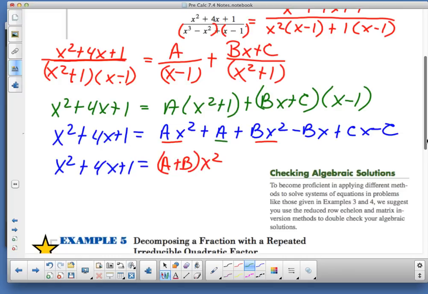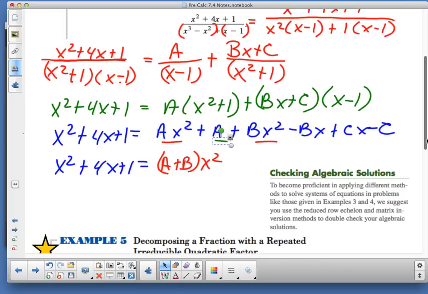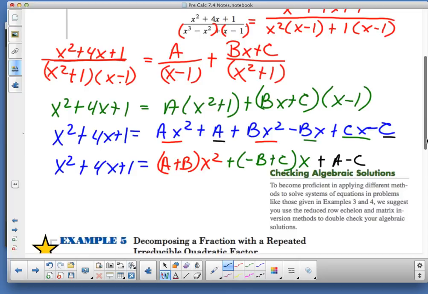Excuse me, I've got to go with my B's. Let's go with my x's only. So I've got the opposite of B plus C, times x, and then my last one is A minus C. So I've got plus A minus C. The reason I did that is this is my x squareds, and this is my 4.